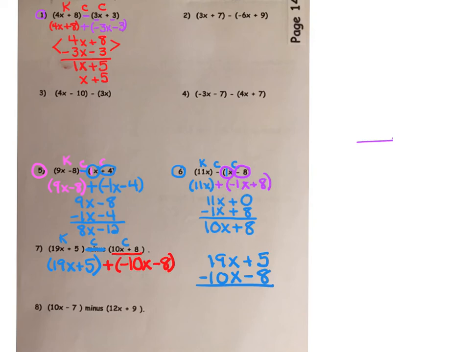Remember, for each of these, you need to keep, change, change, and rewrite each of these as an addition problem. Right now, take a moment, and on the remaining problems, please write KCC.